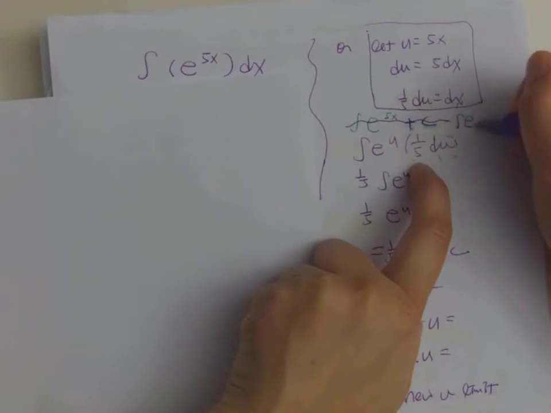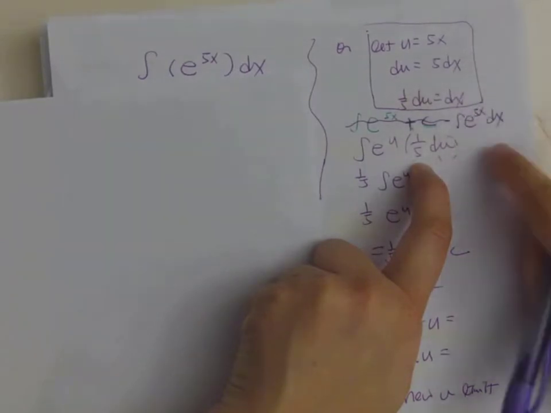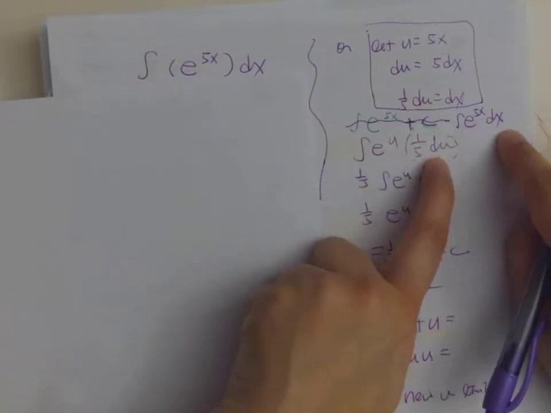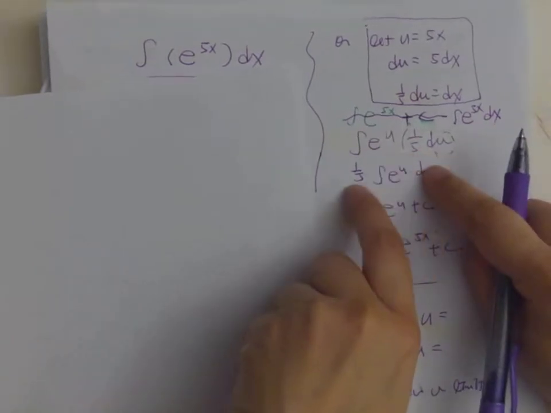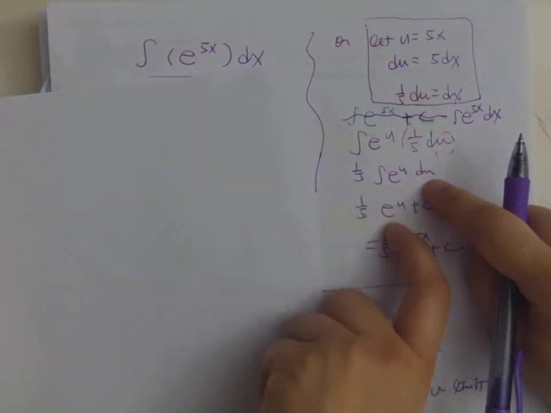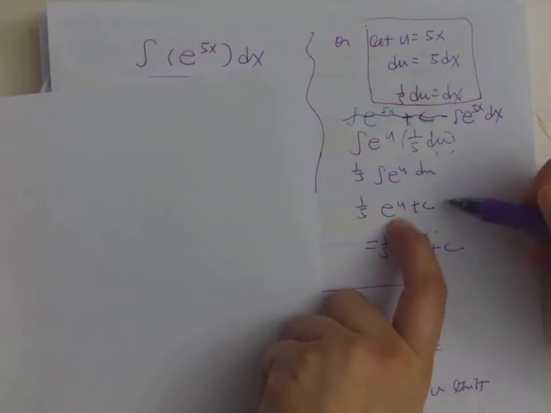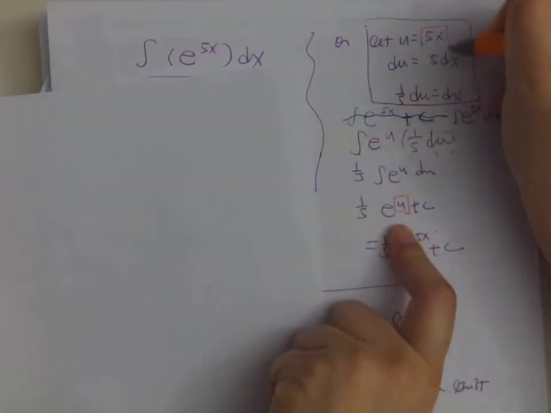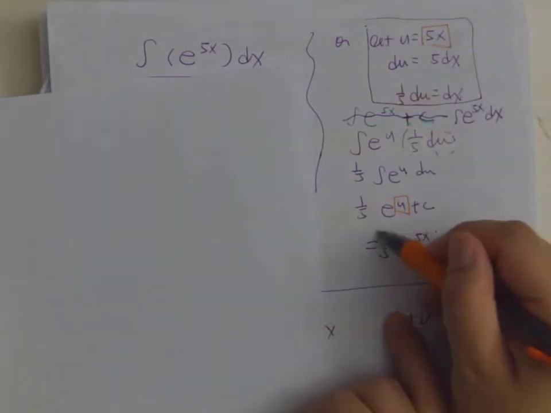we started with e to the 5x dx, right? So my 5x turned into u, and the dx turned into 1/5 du, right? You pull out the 1/5 outside and take the integral of e to the u, which is just e to the u, you add your c, and then we replace my u back with 5x, right? So that's the answer.